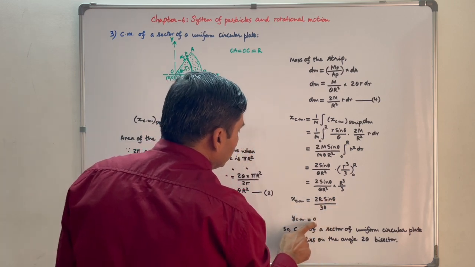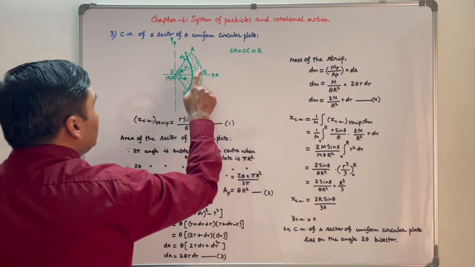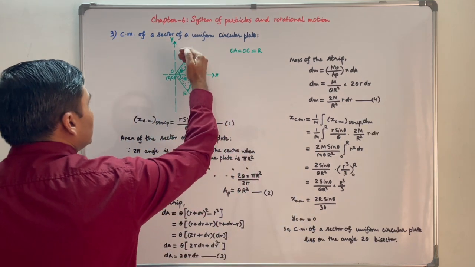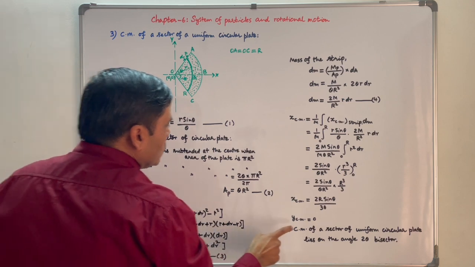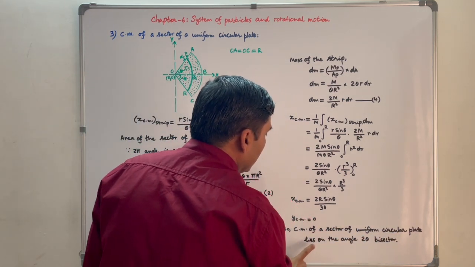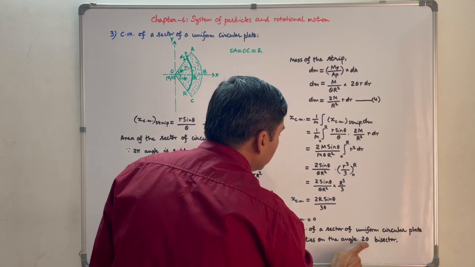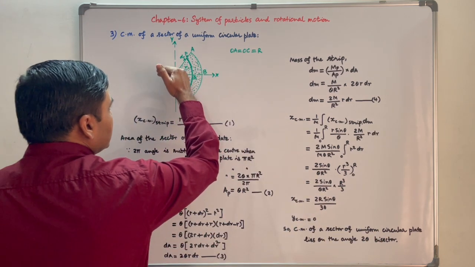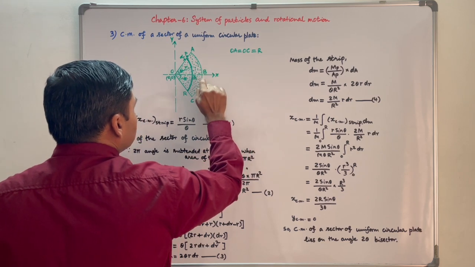Ycm is equal to 0 because we have placed this plate symmetrical about the x-axis. So center of mass of a sector of uniform circular plate lies on the angle 2 theta bisector, that is on the x-axis in this case.